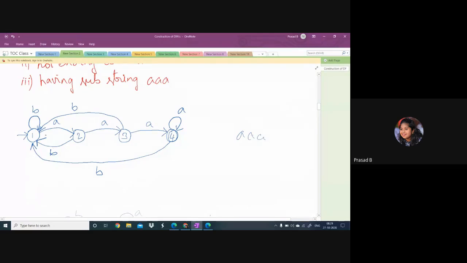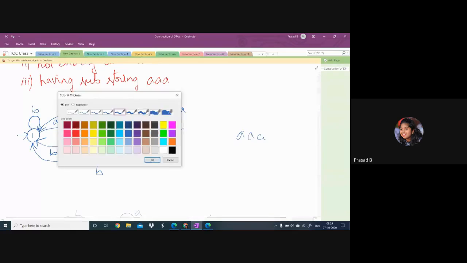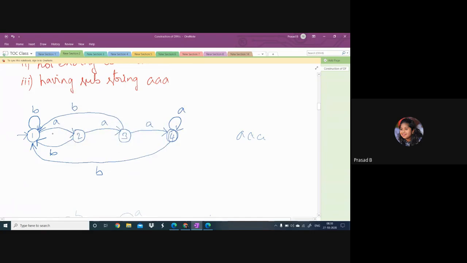So from initial, we'll go to final on first a, second a, third a. And in the final state, as long as a comes, we will stay in the final state, because as long as a comes, the string ends with aaa.